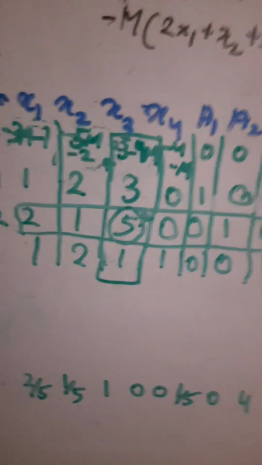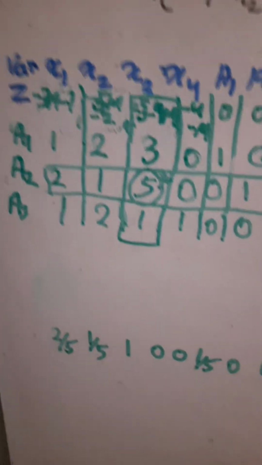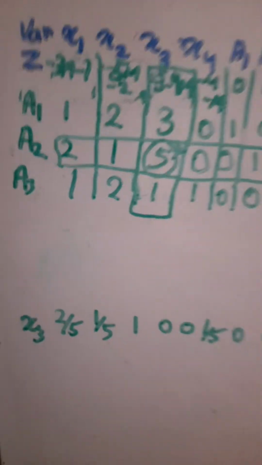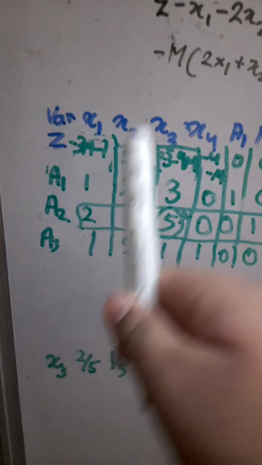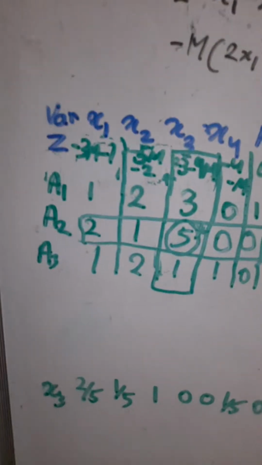And also these would exchange, right? This should become x3. Where is it? Yes, they would swap places, not exactly swap, only the key column name would come to the key row name.